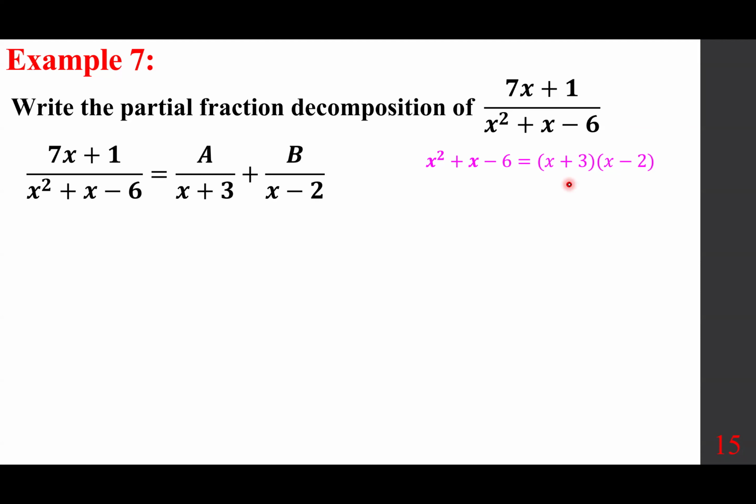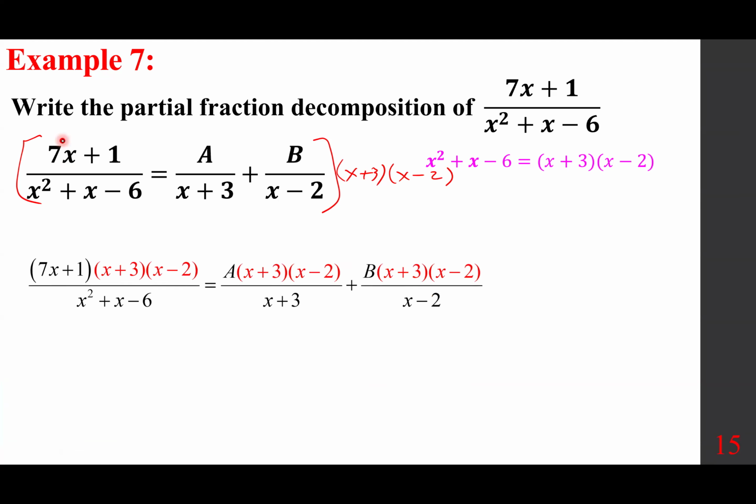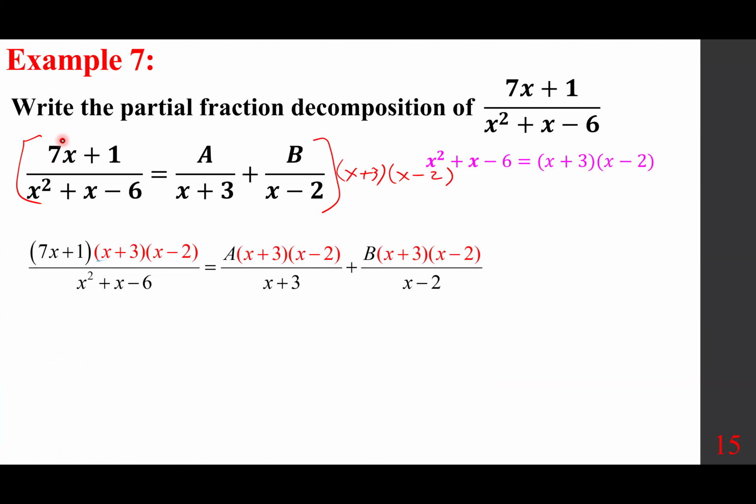And now we're going to multiply both sides by the LCD, which is x plus 3 times x minus 2. The result is the left side becomes the numerator only, right?